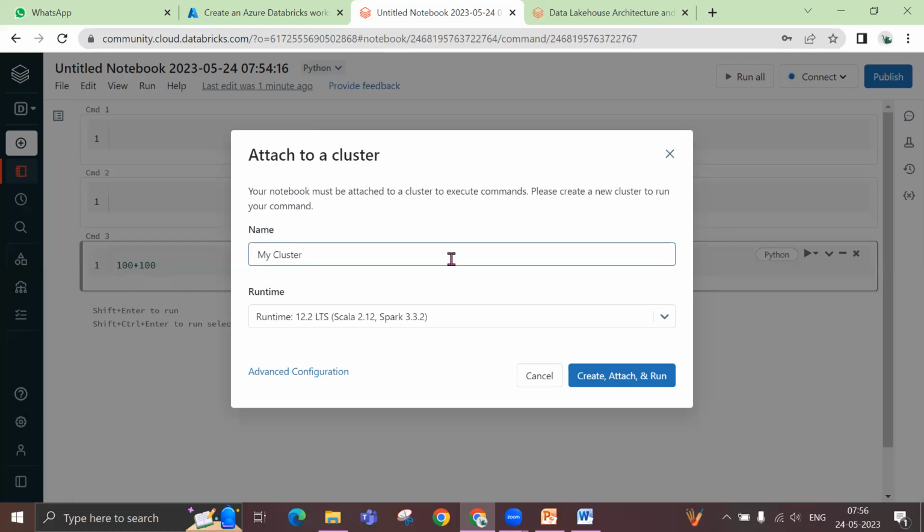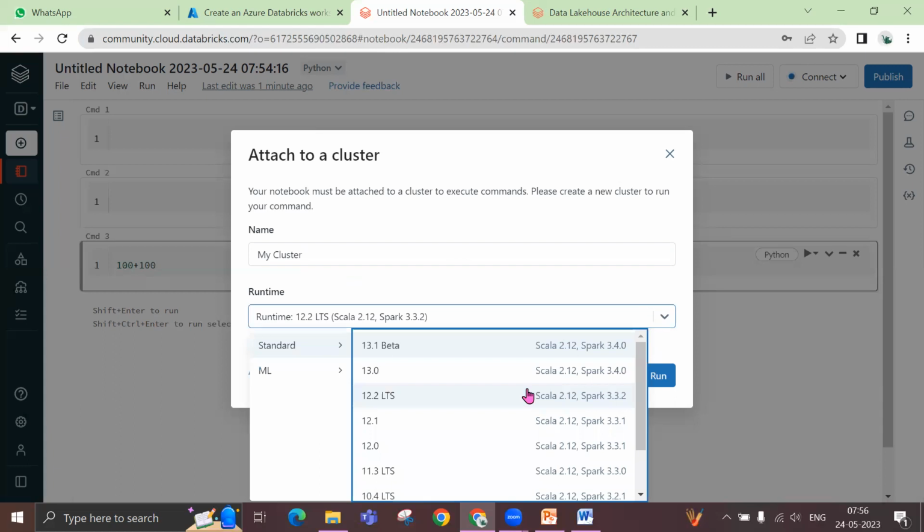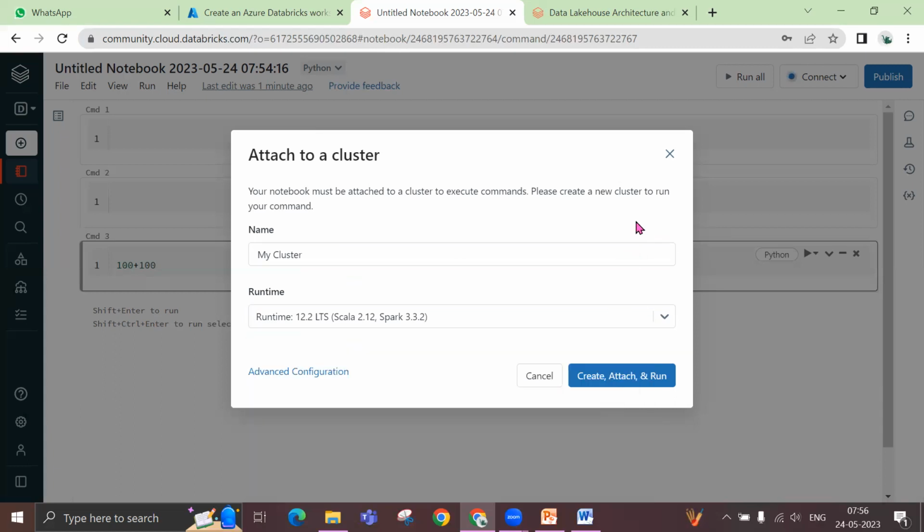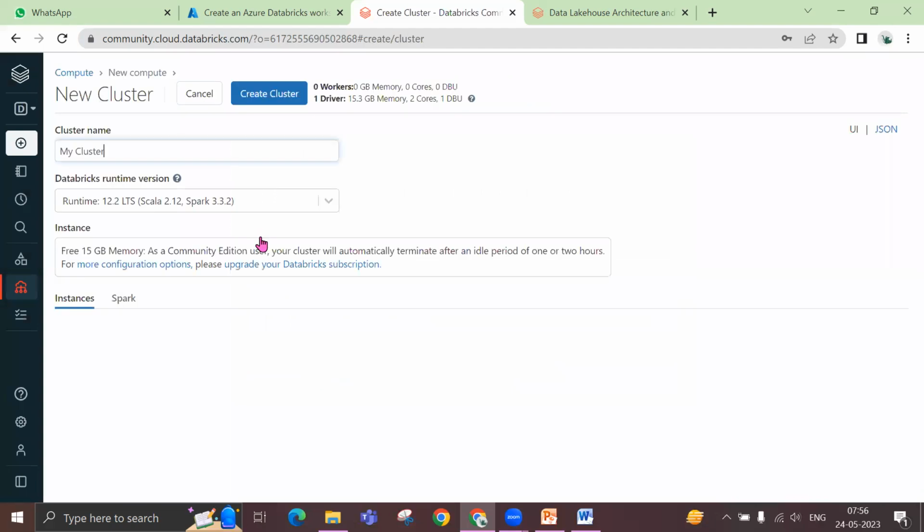There are different cluster types available, and different runtimes that you can use. Since we are using the community edition, very limited options are available to us, but nevertheless they're okay for us to continue.